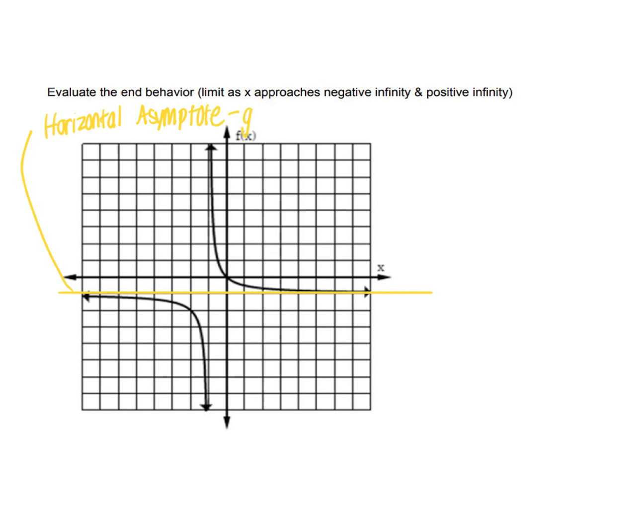And the graph gets closer and closer to it as we go to infinity. So it's a horizontal line, so we're going to use y equals a constant, and it's going to be -1.